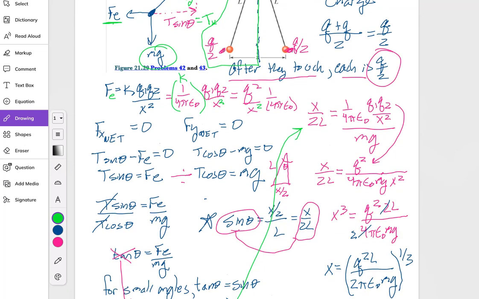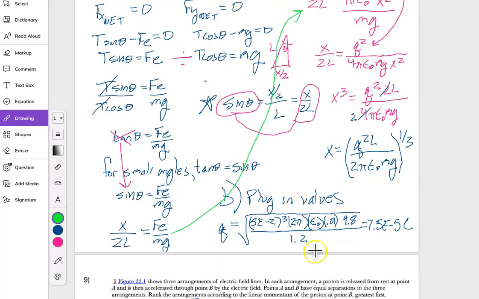Now that we've done that, we can plug our values into this equation and solve for Q. So I rearranged it for Q. We just did the square root of 5 times 10 to the negative 2 cubed, times 2 pi times epsilon naught, and they give you a value for that epsilon naught, which is right here.